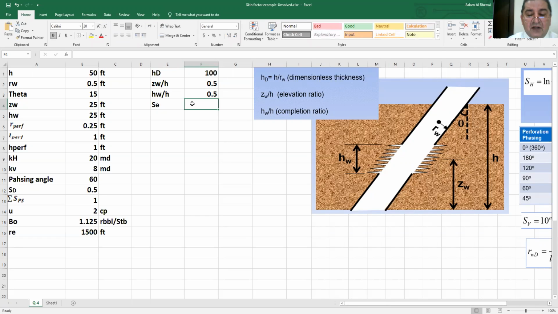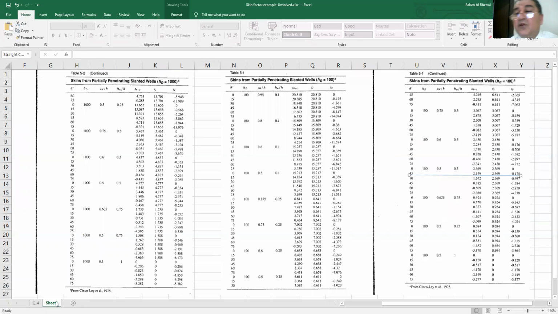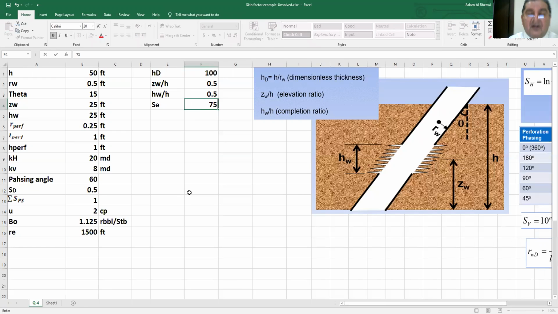So S sub theta what? Minus 0.175. Is it 0.175? Yes, it is minus 0.175. Now I need to calculate what? S sub C. S sub C, guys.